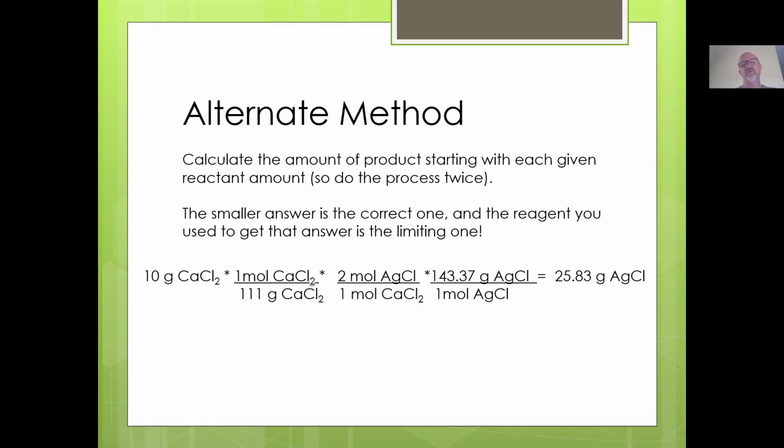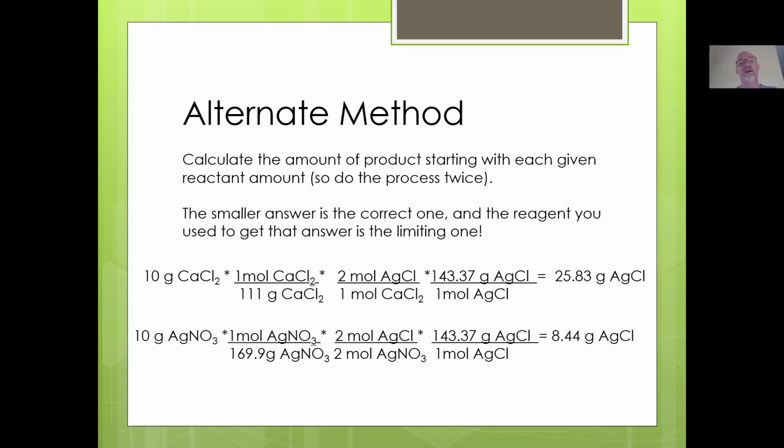So let's see what that looks like. Here, if I do the 3 steps and take the 10 grams of calcium chloride and bring it all the way through, convert it to moles, use the molar ratio to the silver chloride, the product, and the molar mass of the silver chloride, if the calcium chloride was my limiting reagent, I should make 25.83 grams of silver chloride.